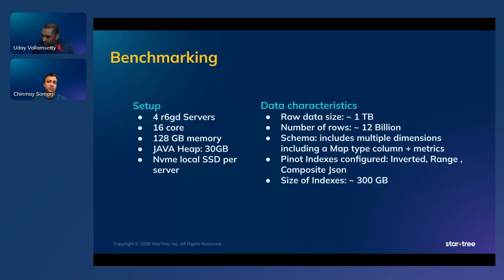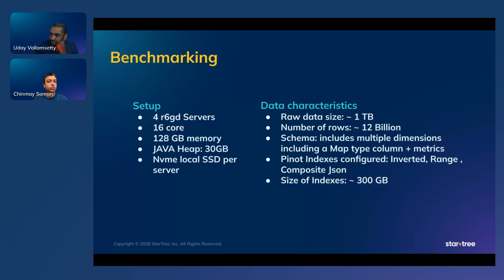But this was a much larger benchmark that we did using a cloud setup running in EC2, right? And this is published on our blog. So we started with a 1 terabyte clickstream event data set with 12 billion rows. We used 4 R6GD servers that were running 3 systems, in this case, StarTree, Trino, and ClickHouse.